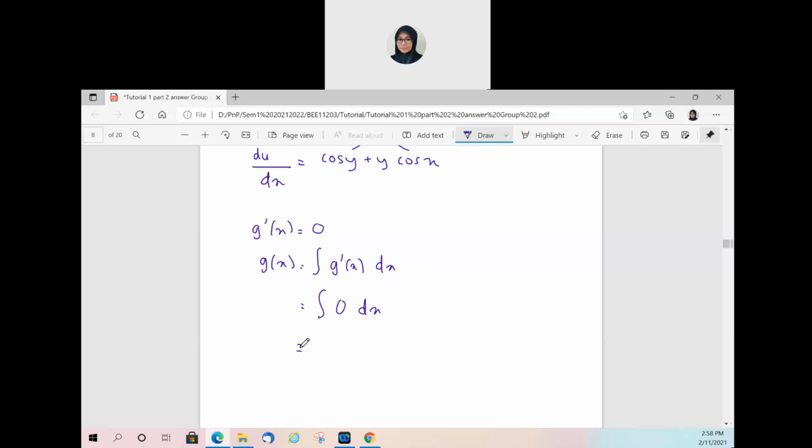If you integrate 0, you get a constant C. If you differentiate a constant, you get 0, right? Then if you integrate 0, you get a constant.